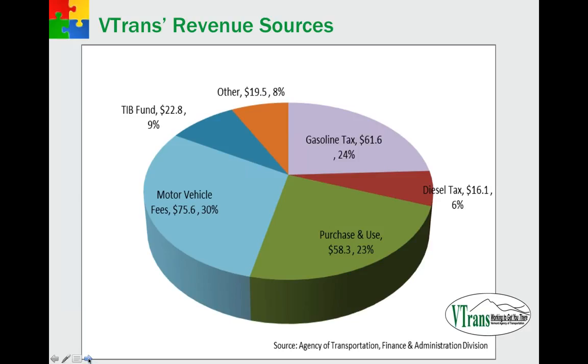So we rely heavily on the gasoline tax for revenue, and Vermont might be in a unique situation compared to some states across the country, but our VMT actually declined in the past year or so. We're a green state, so we really treasure the environment, and in this environment of more hybrid vehicles and fuel efficiencies and our VMT dropping, our revenue's dropping as well. That's something that we need to be aware of as we're putting the financial plan together.